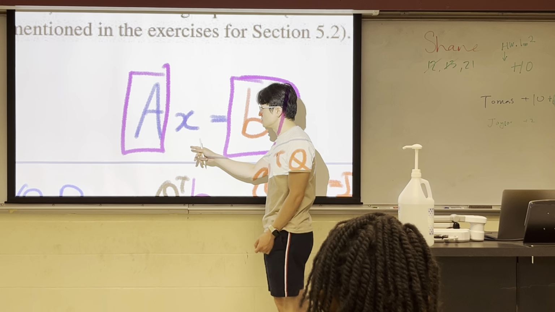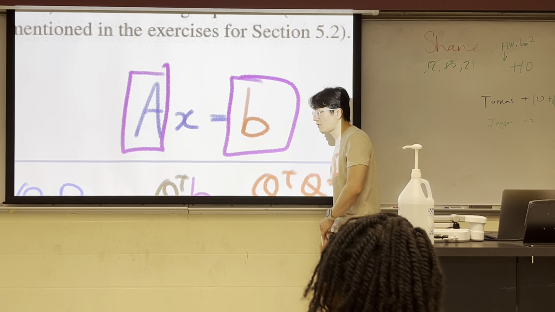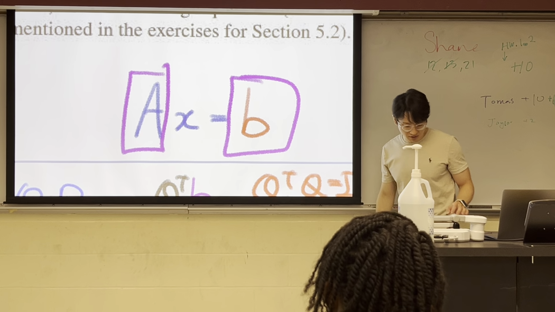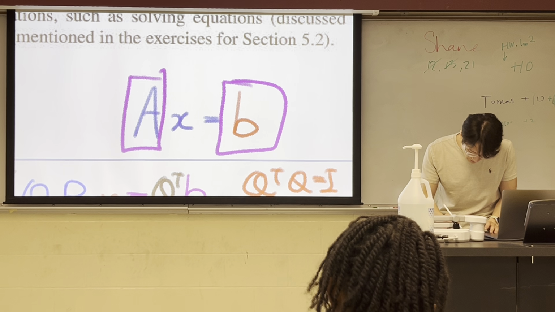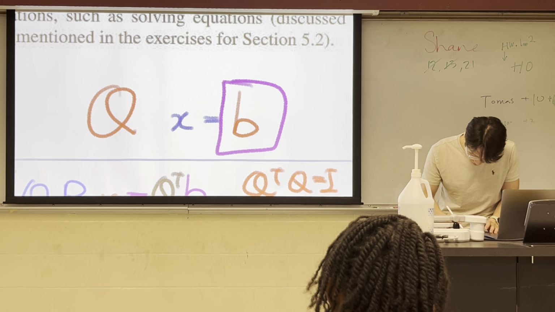This is what we did in chapter 1, right? We used the matrix to find the solution. But instead of A, if you have QR, why is it handy? Why is it useful?